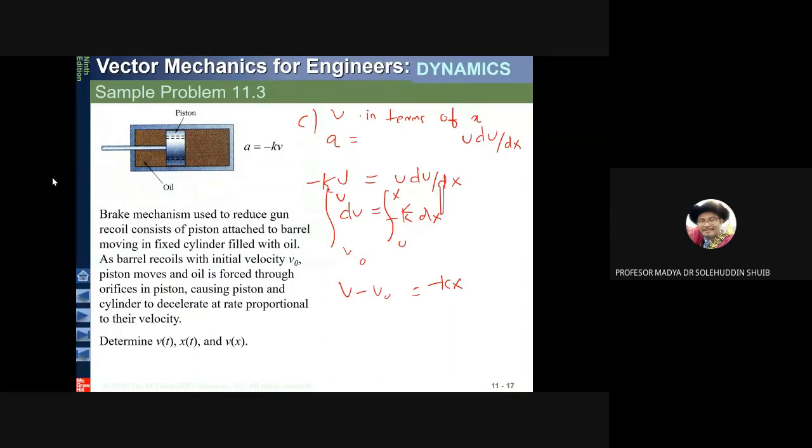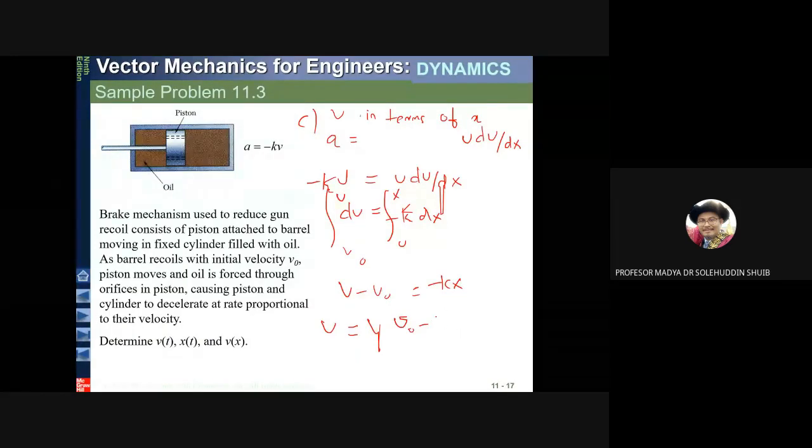And then you solve the value of v. So you get v equal to v dot minus kx.